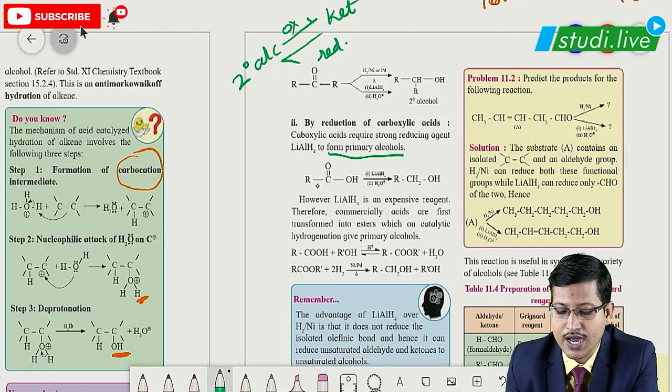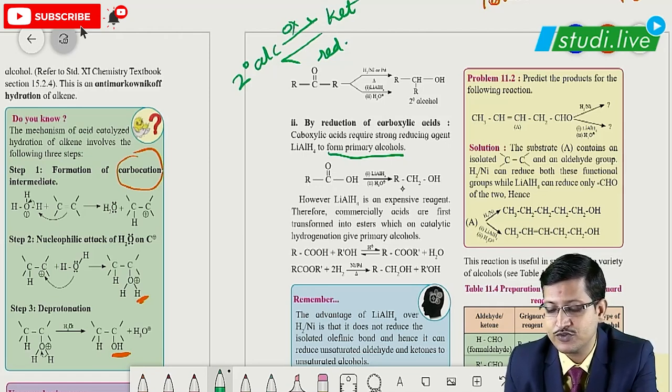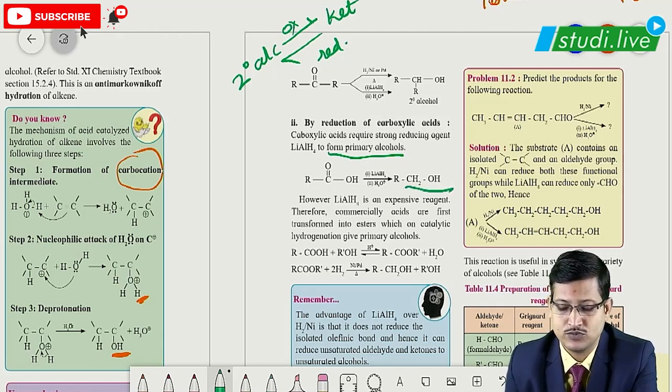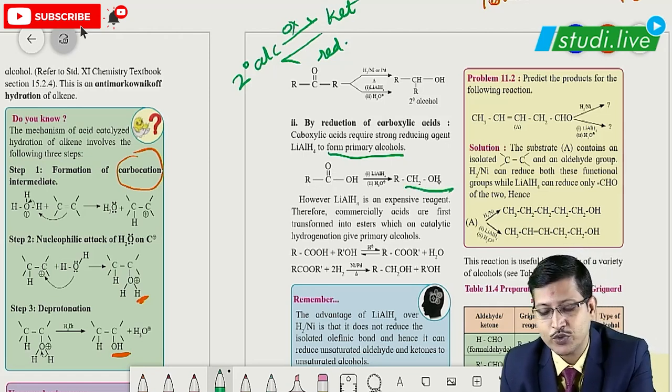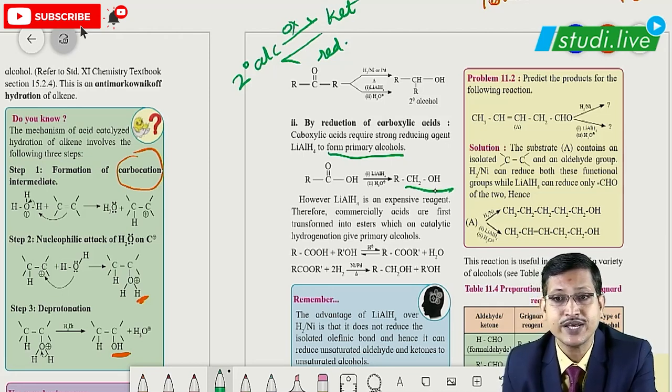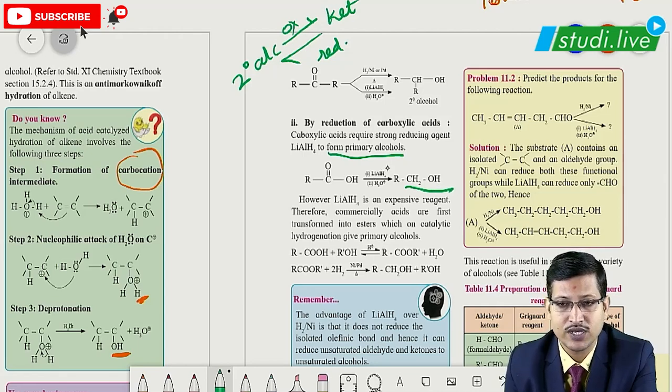Here RC double bond O single bond OH, that is carboxylic acids, will give you alcohols in presence of LiAlH4, lithium aluminium hydride, and acid hydrolysis. So this will give you the formation of corresponding alcohols.